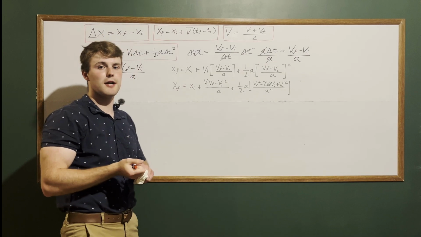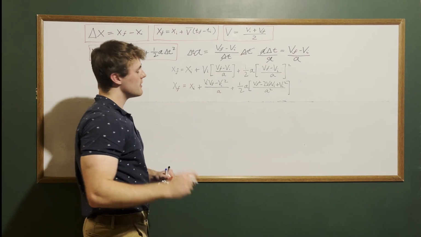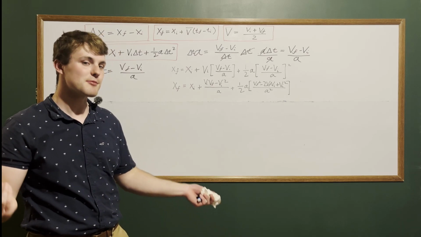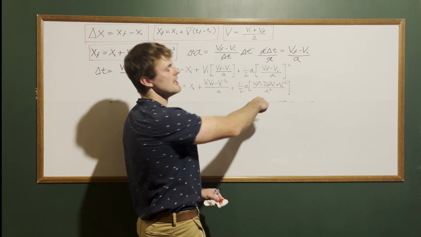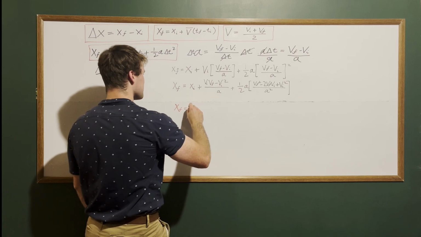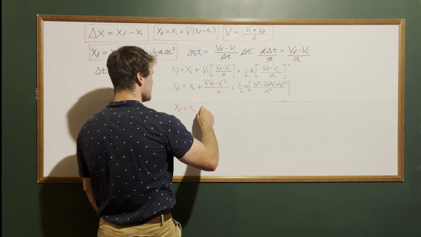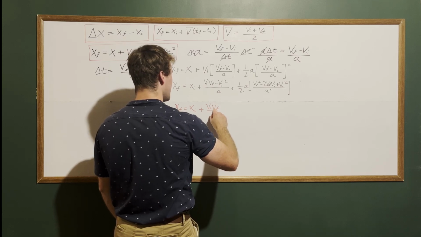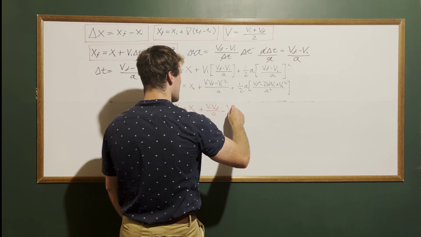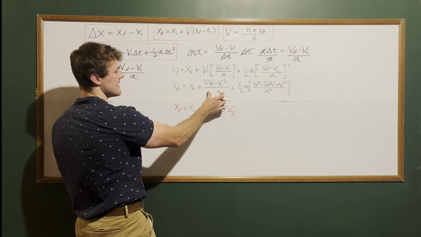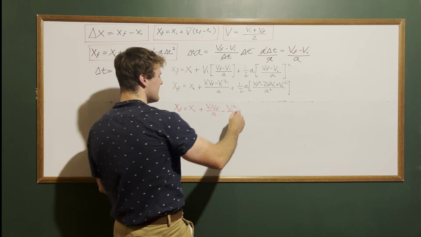Okay, I'm going to use a different color now. So what I'm going to do is split this fraction into two separate fractions because it's easier to subtract them in the end, and I'm going to split this into 3. So let's start. xf equals xi plus vi vf over a minus vi squared over a. So these two are the same as this. Makes sense.